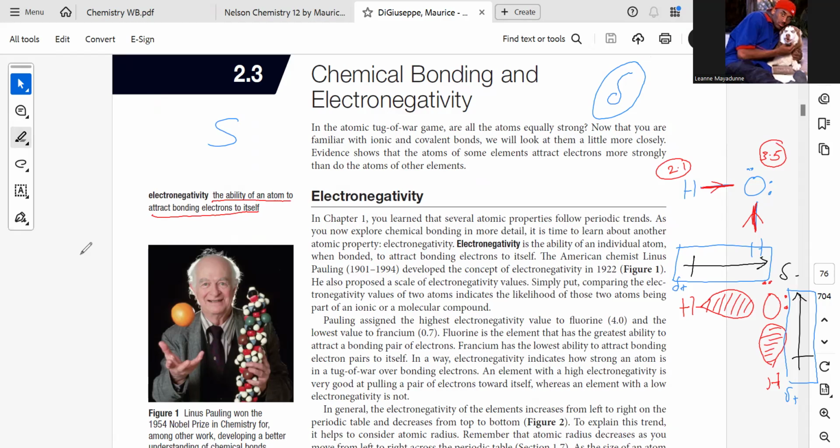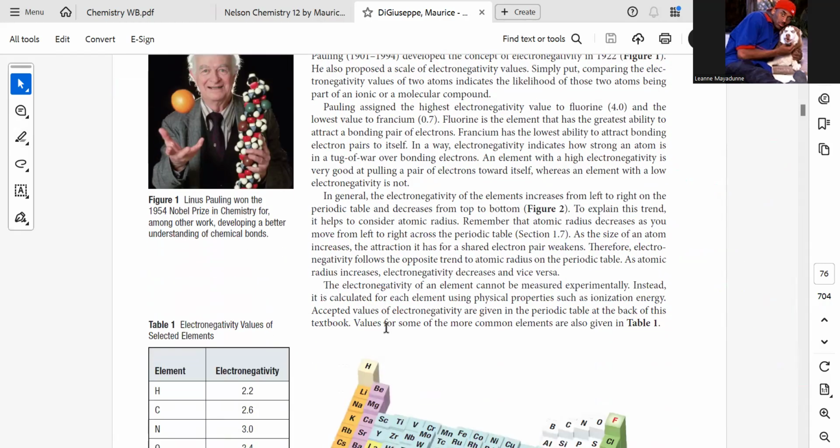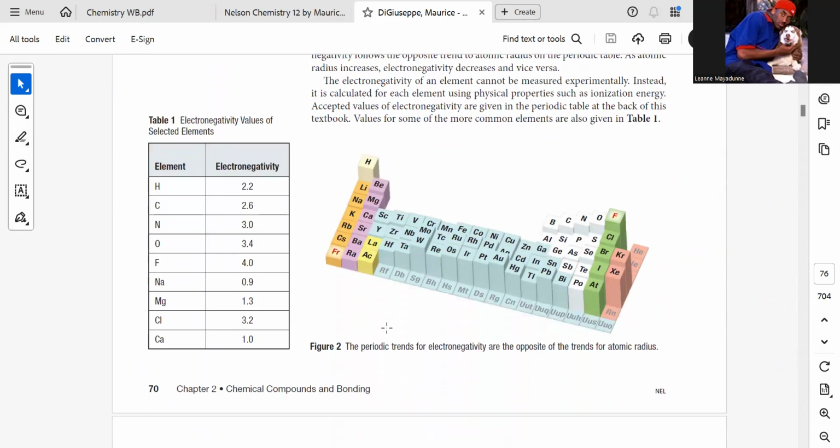Electron affinity is another concept that we learned, so they are two different concepts. The element which is on the extreme right and top is the most electronegative element. Fluorine is the most electronegative element on the periodic table, whereas the element on the extreme left hand side bottom is the least electronegative element.